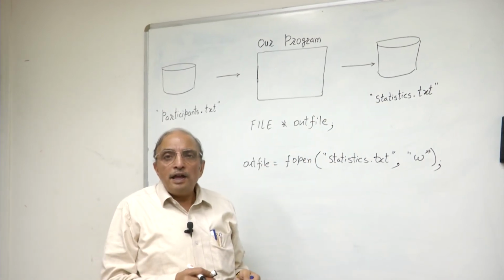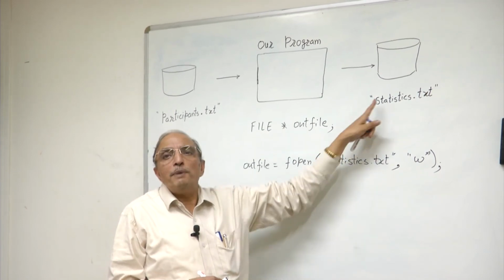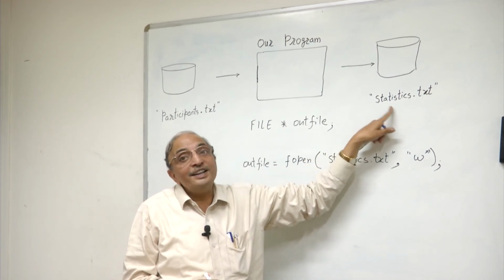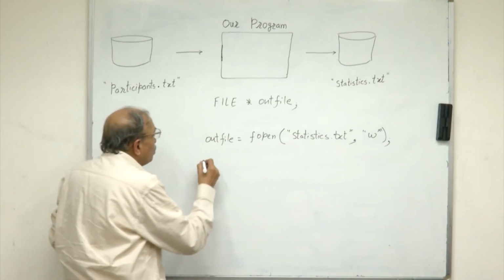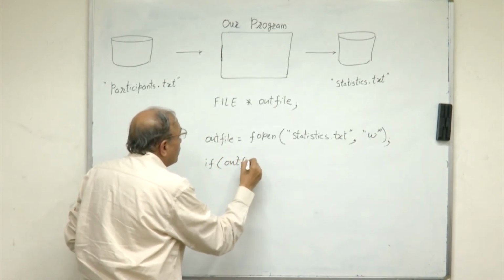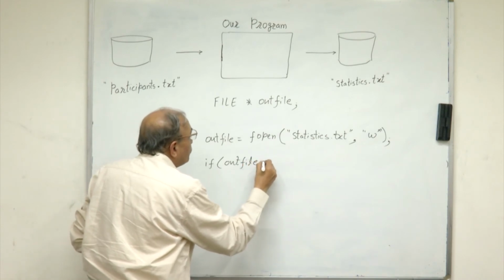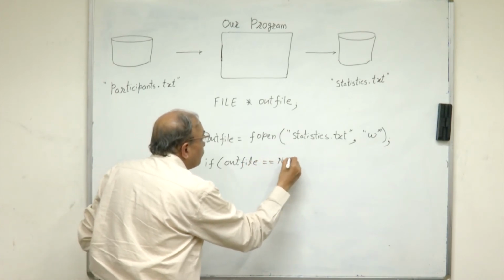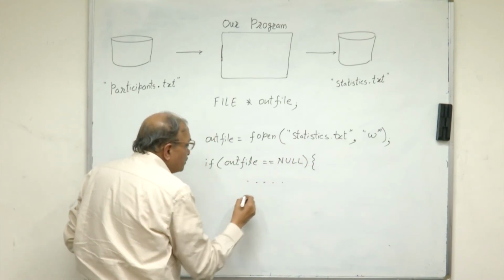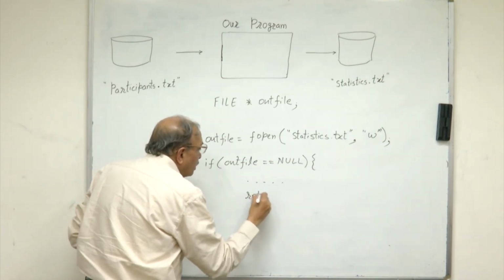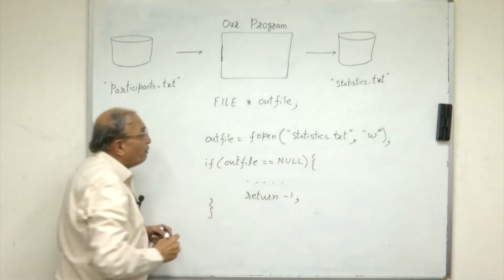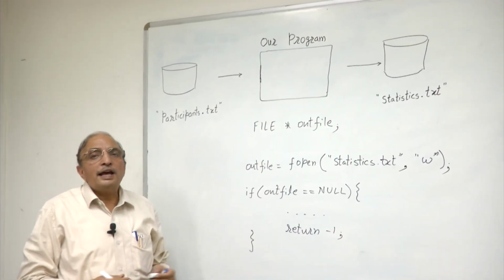For any reason, if the operating system is not able to create this file, it will return again a null pointer which you can check. So, once again you can have statements like if out file is equal to null, and then you can create an output message and you can say return -1, for example, to indicate that the operation of opening an out file has not succeeded.